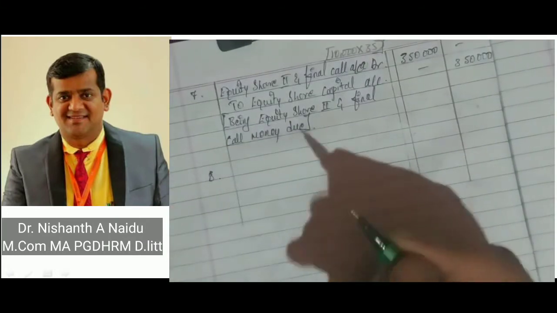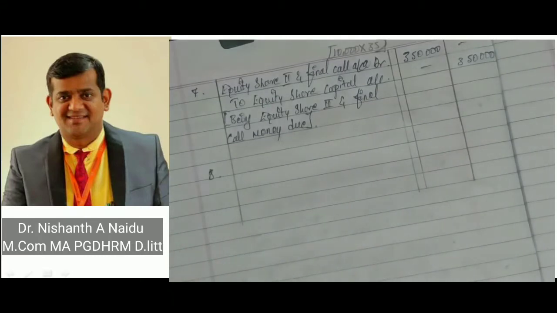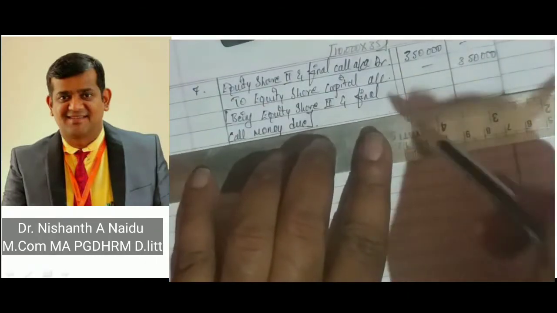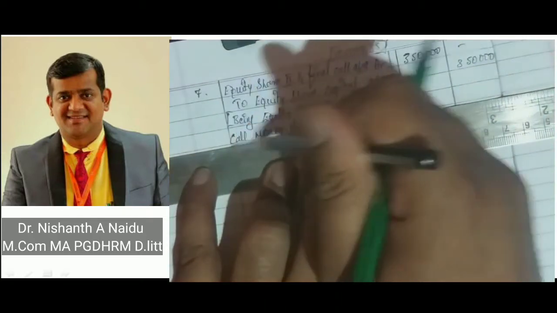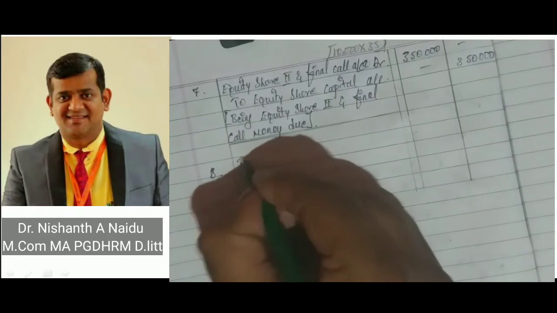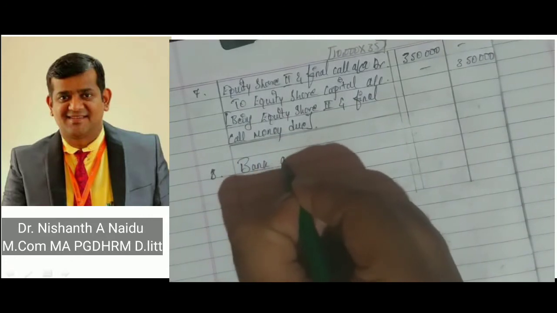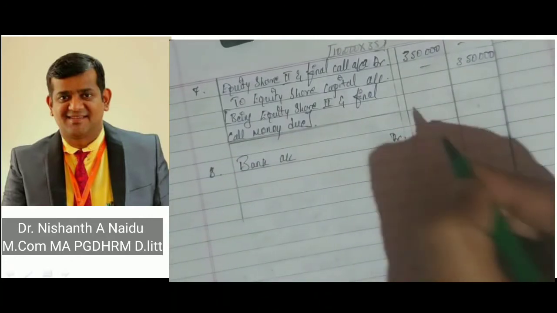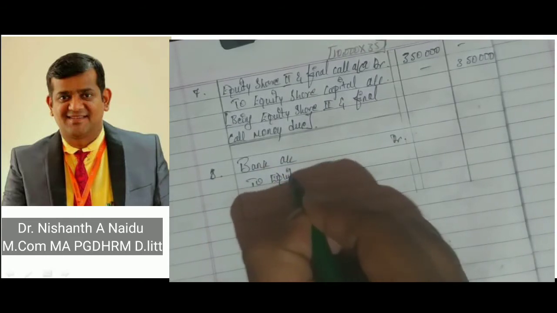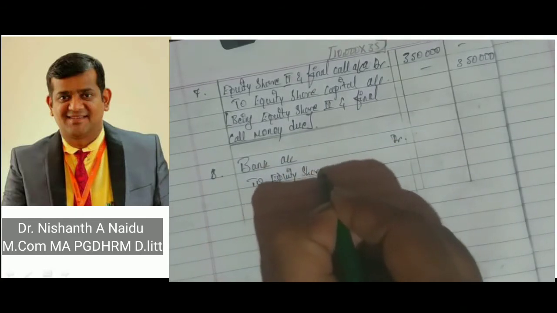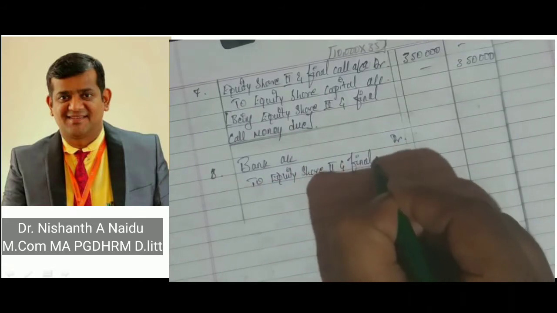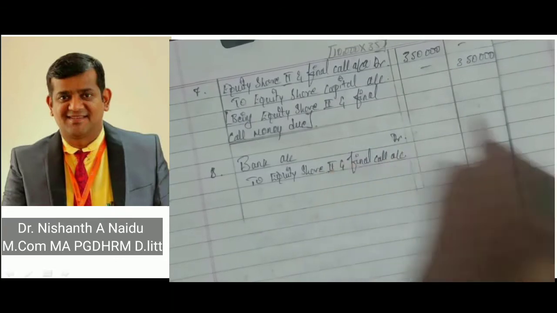So now I am writing the receive entry. Okay, so before writing the receive entry, let me close the particular column. So I'm closing it now. So eighth entry I'm going to pass. So that is going to be a receive entry. So that is bank account debtor to equity share second and final call account.